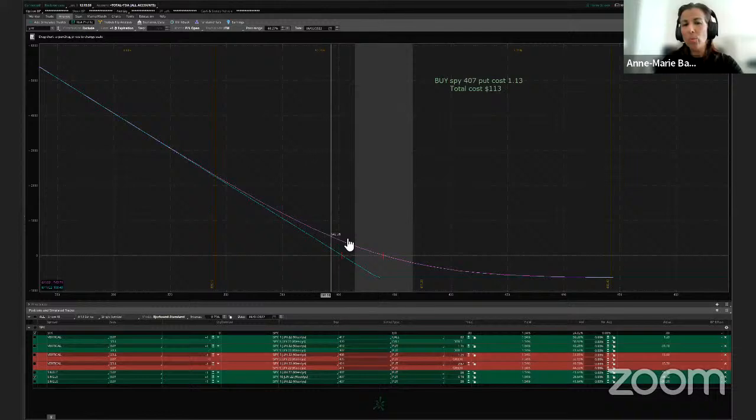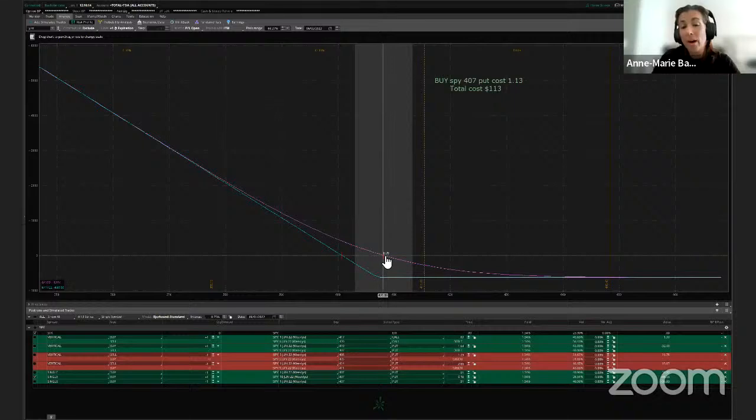So someone might say, well, what's this pink line? Well, this pink line is the passage of time, and it tells you how things are going to shift around, potentially where you are, and it tells you a little bit about where price action is right this minute.